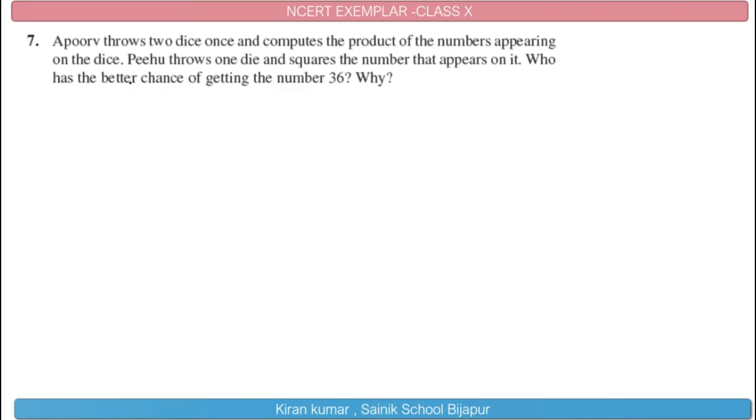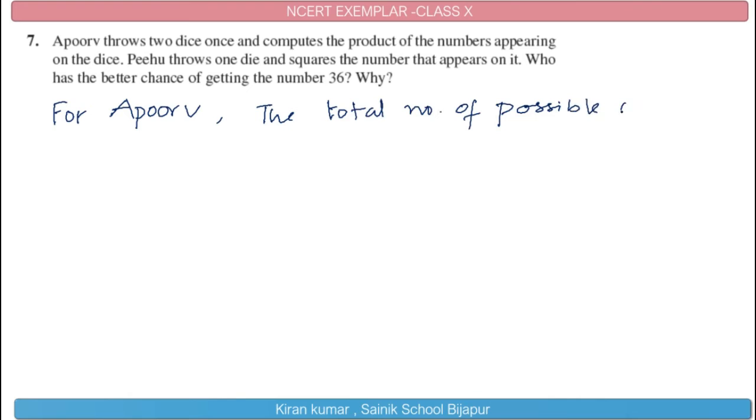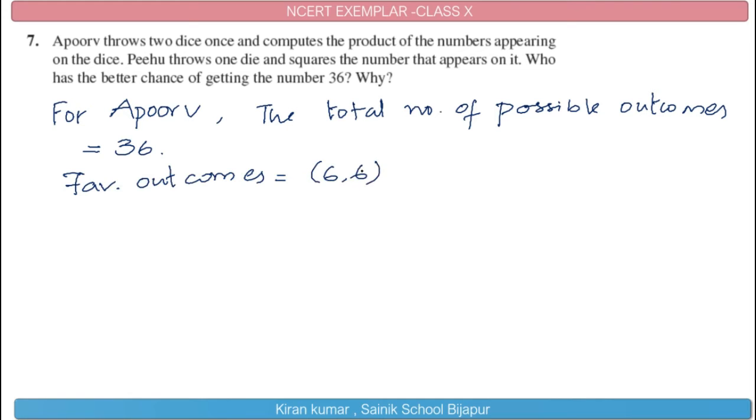So the total number of possible outcomes for Apurv, first let me write this as for Apurv. The total number of possible outcomes will be 36, in that the favorable outcomes will be 6, 6.